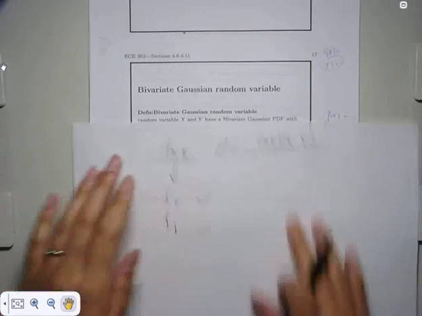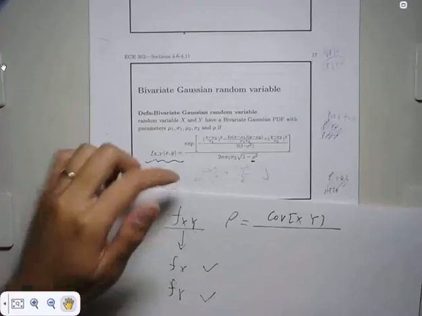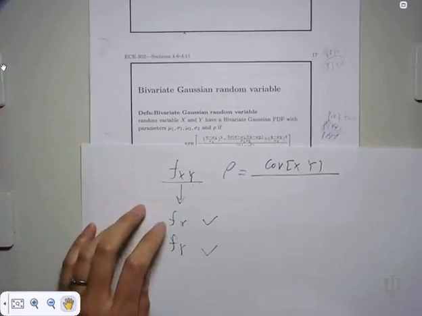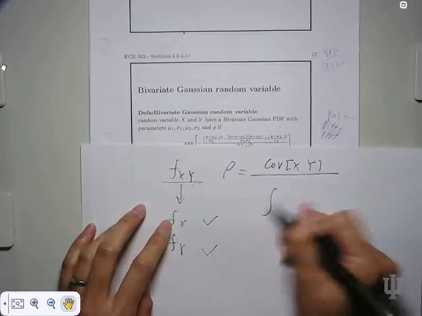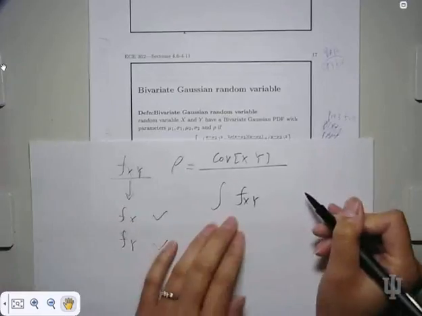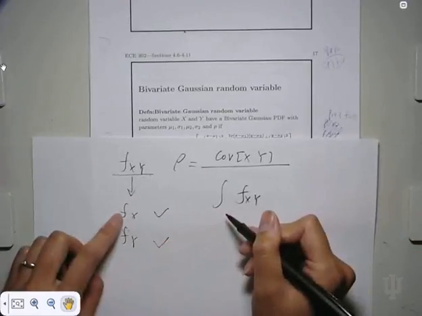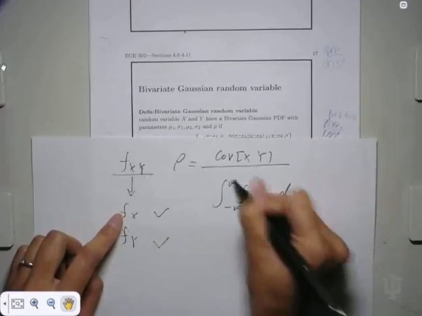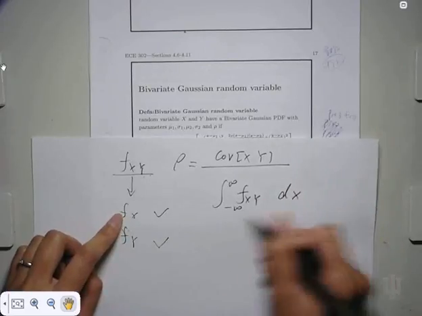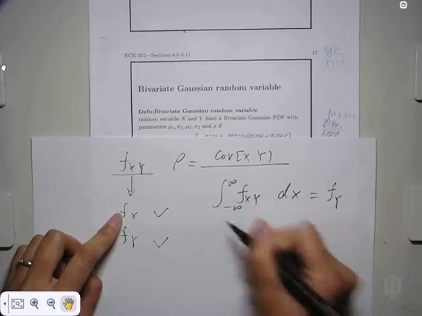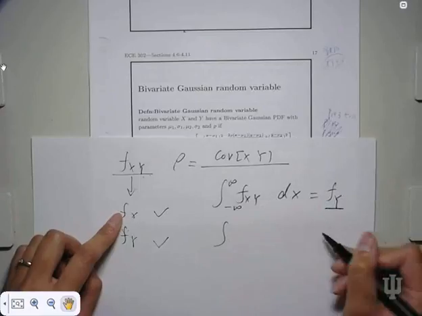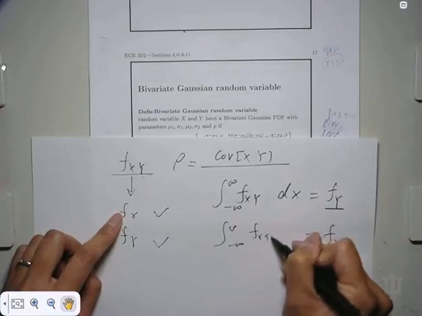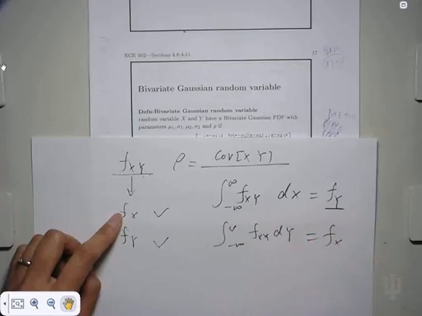So now after you know this nice property, you even don't need to do the calculation, which is from joint to marginal. If I get rid of x, I integrate dx through all possible x, which will give me the density of y, or the density of x through all possible y, right?